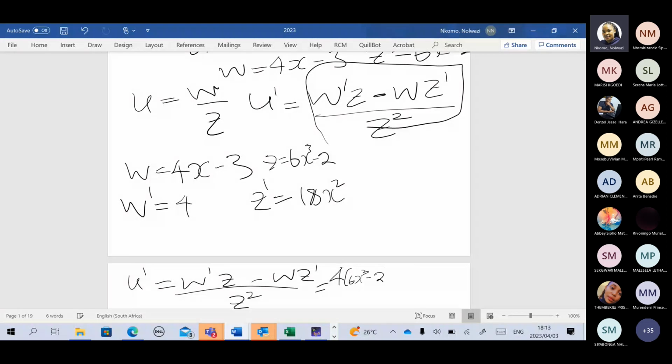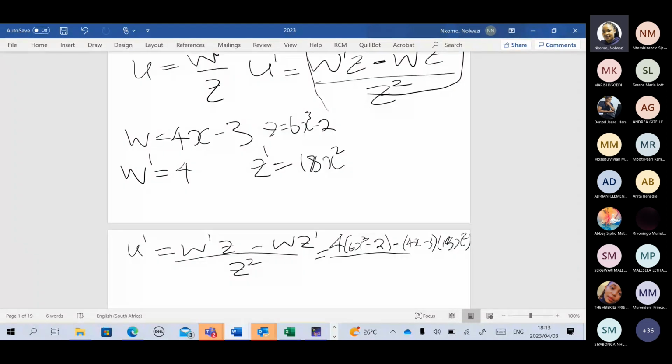Our w is 4x minus 3, right? And then we have z prime. Our z prime is 18x squared. This everything all over z squared, so all over 18x squared. Okay, this is your u prime.